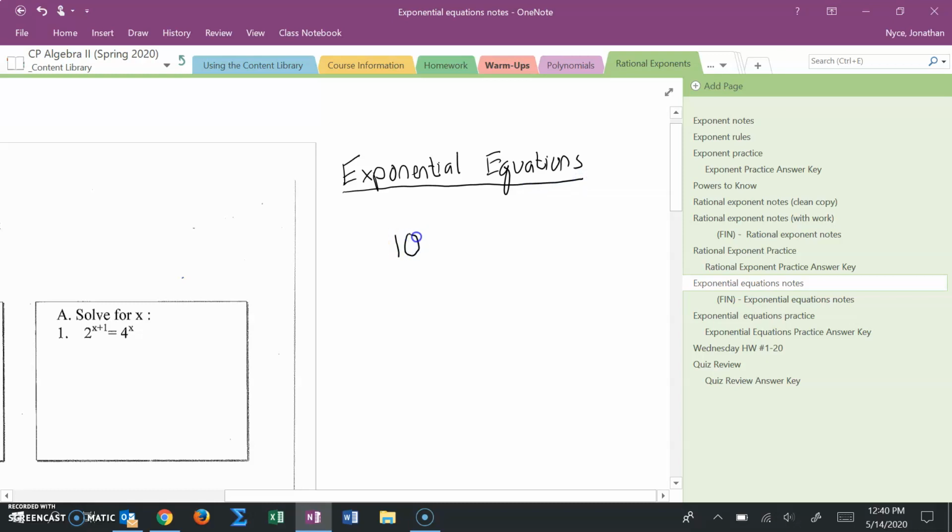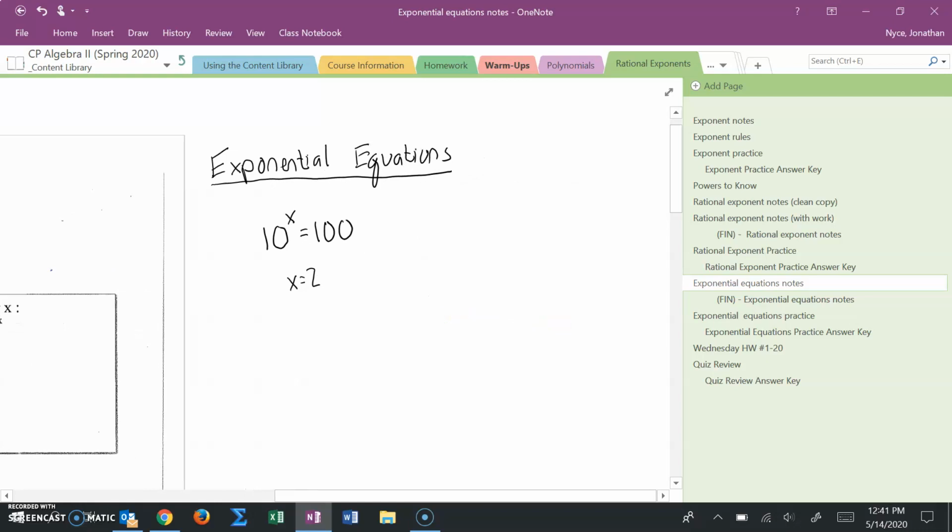So if you have something like 10 to the x power equals 100, that would be an example of an exponential equation. We all know that 10 squared is 100, so if x is 2, then 10 to the second power equals 100. We're going to eventually get to the point where we'll have something like 10 to the x power equals 23.